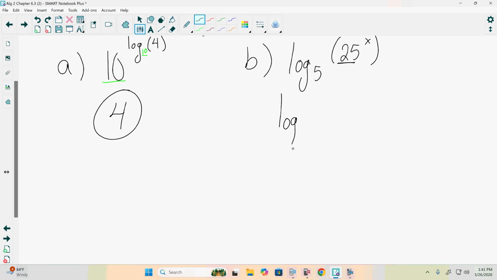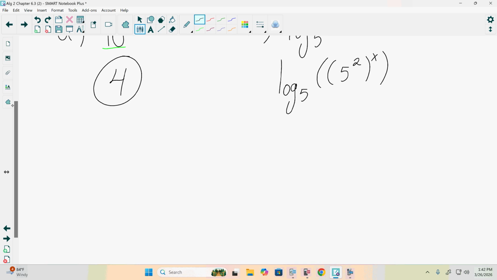Well, we can actually rewrite 25, because 25 can be written as 5 to a power. 5 times itself, how many times is 25? Twice, yes? Because 5 squared is 25. So we get this in a form where the base and what's inside are the same. We have that base of 5 and what's inside the log is 5.